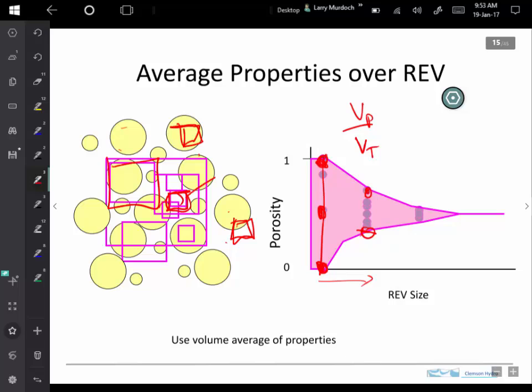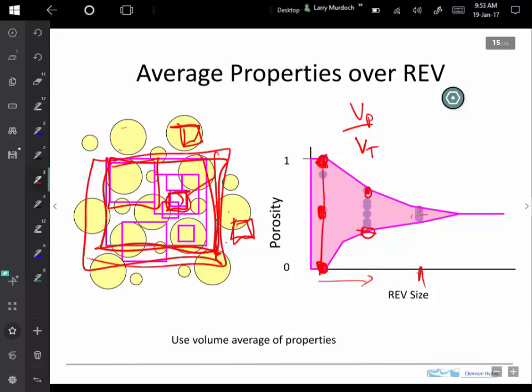But then as we get this thing bigger, this shrinks down. And so the concept then is that we get an averaging region that, in this kind of sketch, if it's say 10 times bigger than the pores, then as we move it around, the volume of the pore space to the total volume isn't really going to change much.